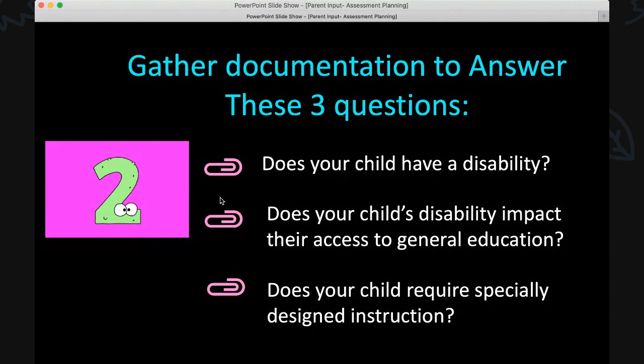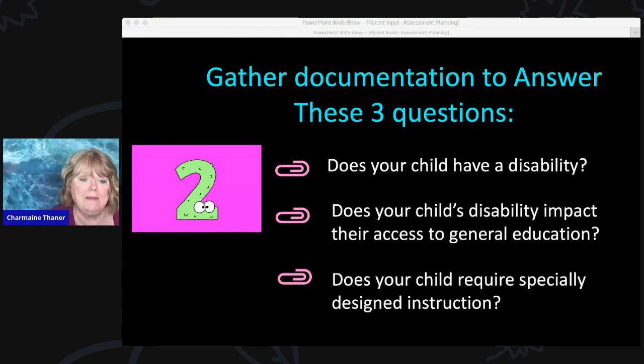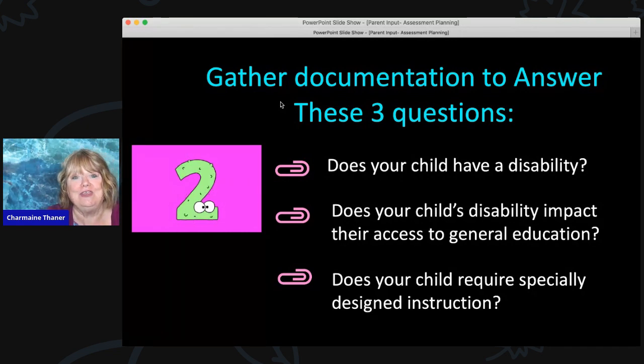And so when you are gathering information and you're looking at exactly what's going to happen during that evaluation and eligibility meeting, you want to be able to prove your case. And they're going to be basically 3 questions that are asked. And so this is a time while the team is doing their updated assessments that you can start pulling things together so you'll be prepared.